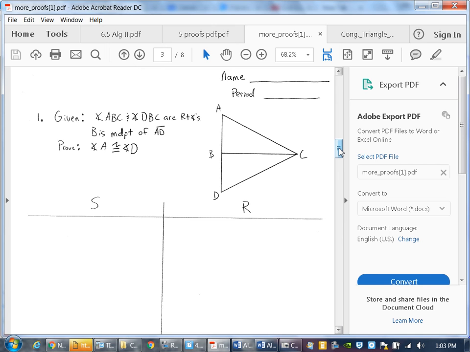I didn't want you guys to write all these out. And I apologize, when I printed these things out, I completely forgot to resize them.